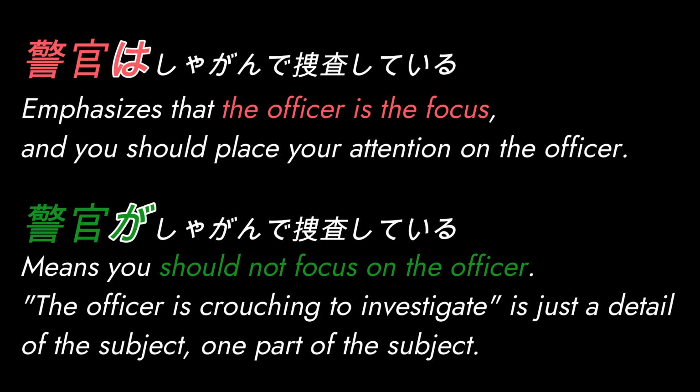But the officer is crouching to investigate. It's just a detail of the subject. It's just a part of the subject. The officer is just a part of this crime scene. You should focus on the crime scene.